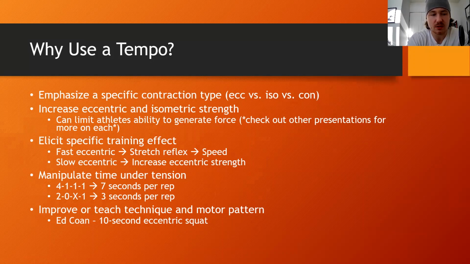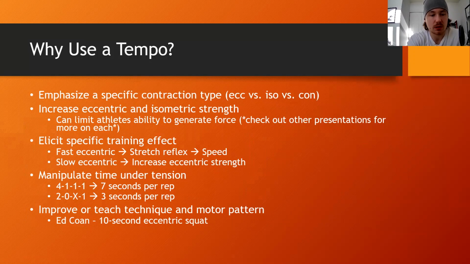In both of these cases, the repetitions would change based on these tempos. A 4-1-1-1 tempo with 7 seconds per rep might be 5 to 7 reps, whereas a 2-0-X-1 tempo with 3 seconds per rep might be something like 12 to 15 reps. So you see, the tempo can dictate the reps and even sometimes the exercise.